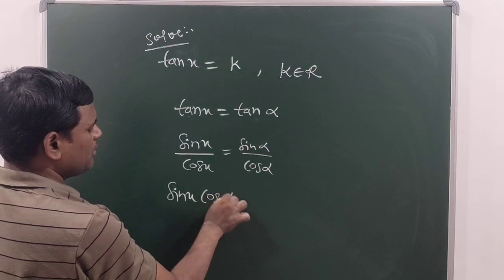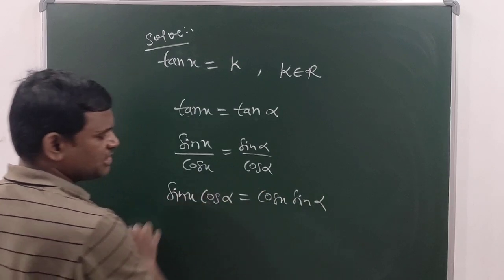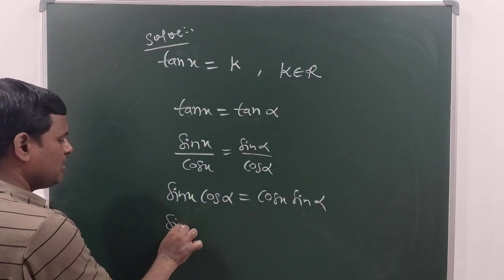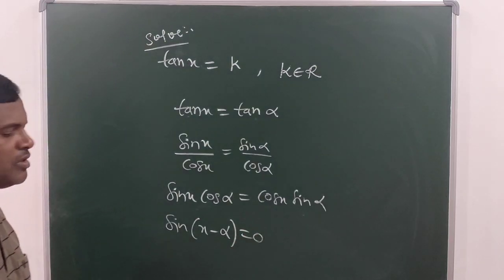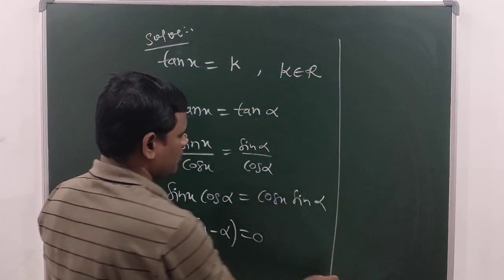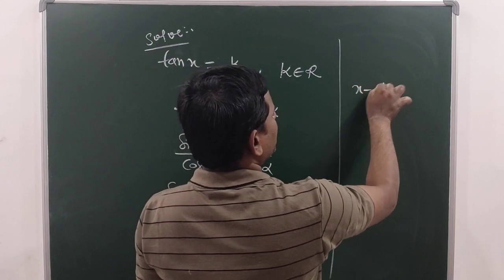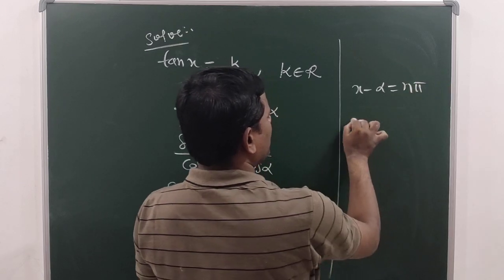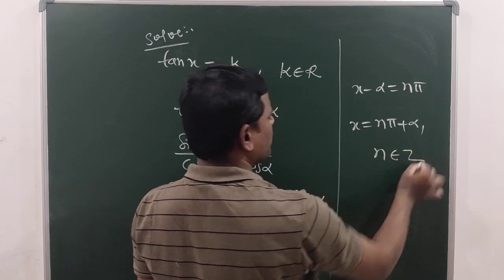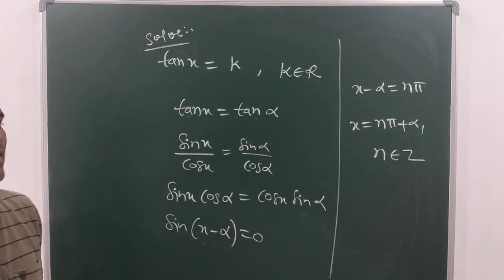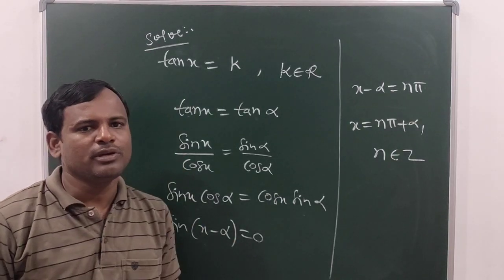Sin x into cos alpha equals cos x into sin alpha. When you bring this to the left side, you get sin of x minus alpha is equal to 0. You know what the general solutions of sin x equal to 0 are? x minus alpha is equal to n pi. Now x equal to n pi plus alpha, where n belongs to an integer. So these are the general solutions of tan x equal to k.